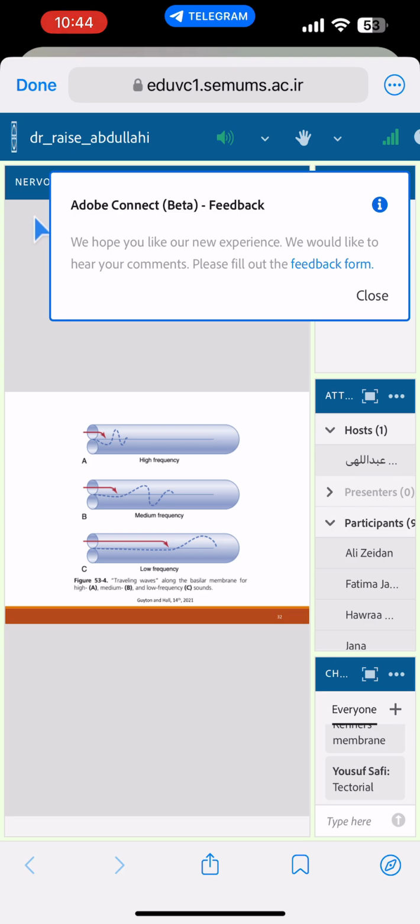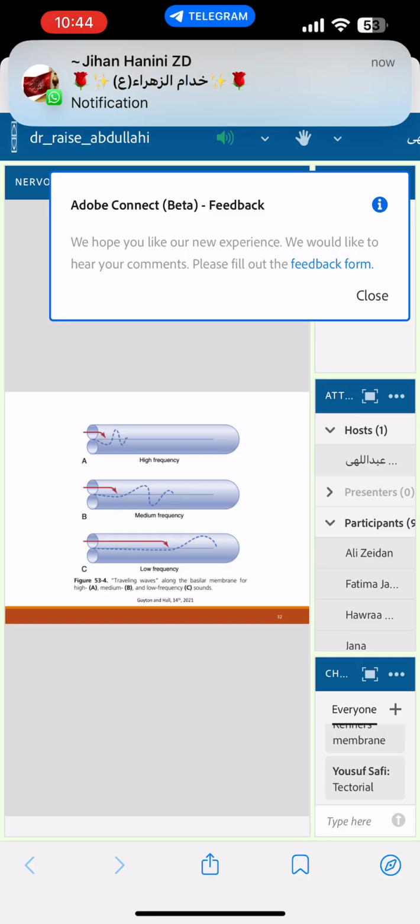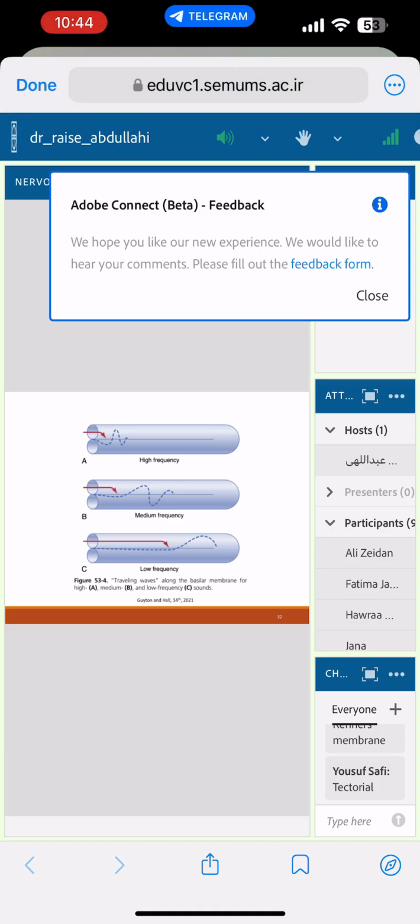So you can see, this is the oval window, this is the round window. What is this? Please write the name of this section. Yusuf, Zahra, Dua, Noor, Rashid, Jana, Haura, Fatima, Ali, all of you, write the name of this section. Dua, yes, not your name, Dua.